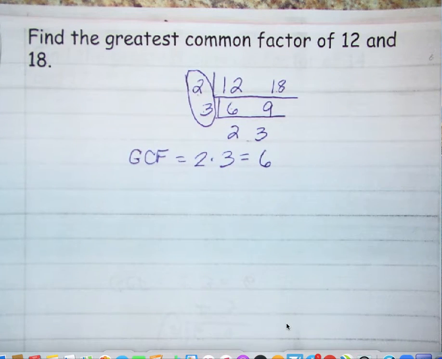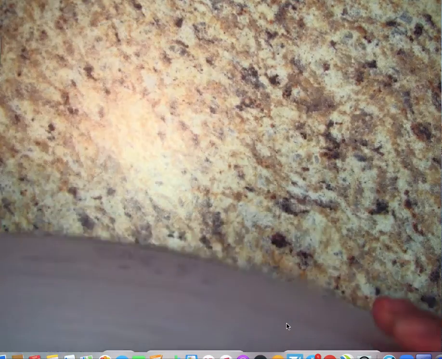In other words, the largest 12 and 18, let me back up. 6 is the largest number that both 12 and 18 are divisible by. Okay? My greatest common factor is 6. Okay? All right. Last one for today.